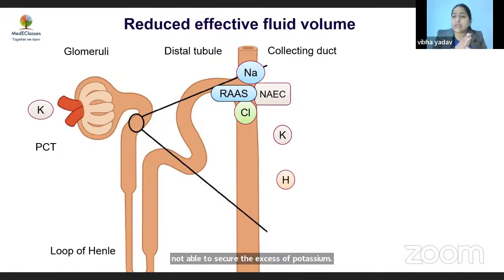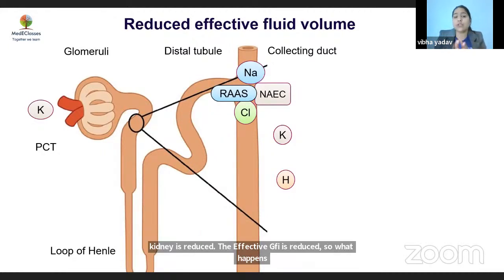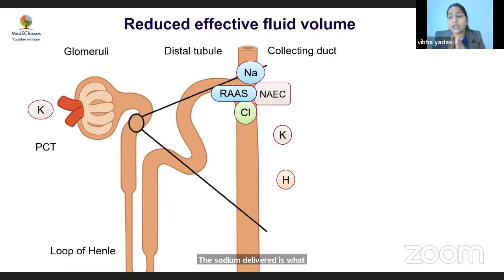Now, conditions like cardiac failure and chronic liver diseases reduce the effective fluid volume. So what happens there? If the volume coming to the kidney is reduced, the effective GFR is reduced. So the sodium being delivered to the collecting tubule is low.